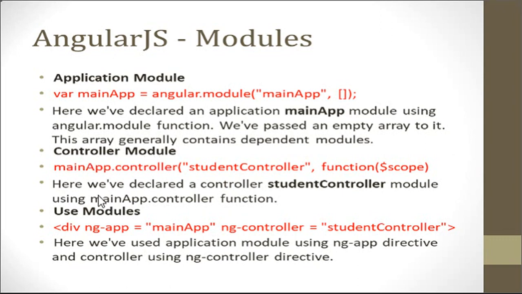Here we have declared a controller, the student controller module, using the main app controller function. Third part, module. Here we have to use the application module using the ng-app directive and the controller using the ng-controller directive.